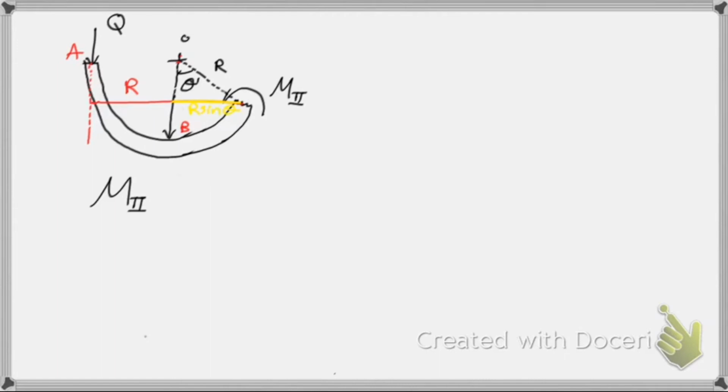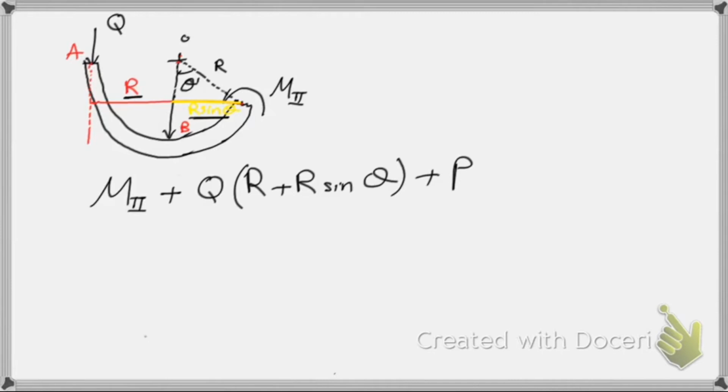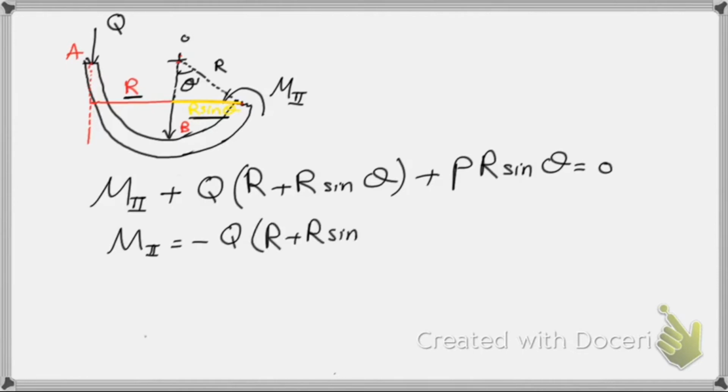So M2 plus Q times this entire distance, R plus R sine theta, and plus P times the yellow distance, R sine theta, is going to be equal to 0 because of equilibrium.